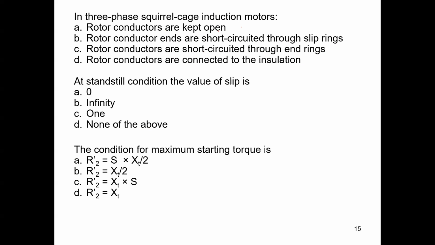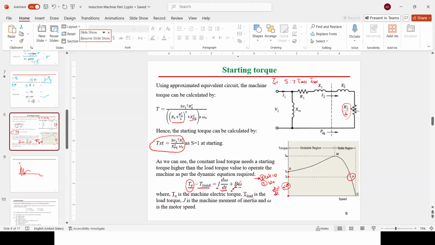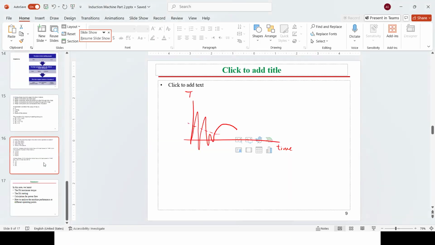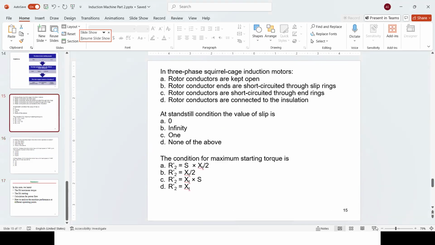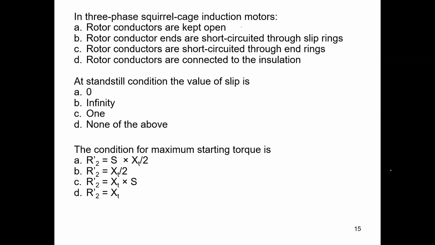Actually, kept open means it's not going to work, and squirrel cage has nothing to do outside. There are no connections for the rotor. So this is incorrect. The first one here is incorrect.